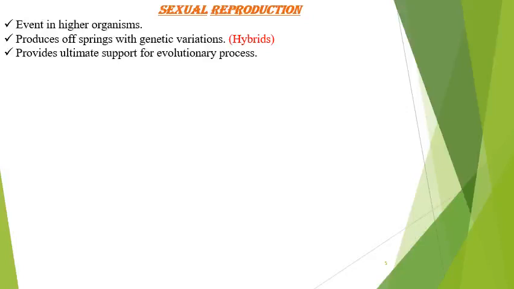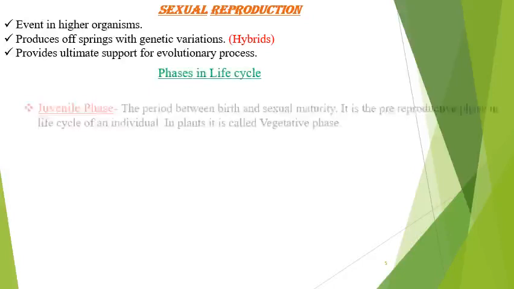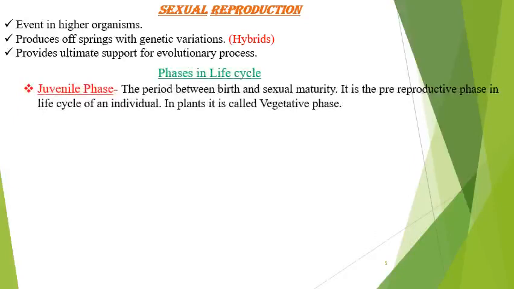And in the lifespan of organisms, we can divide their lifespan into three main phases, and these phases of the life cycle start with the juvenile phase. The juvenile phase represents the period between birth and sexual maturity.